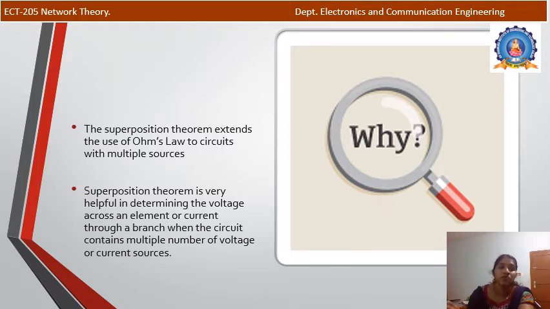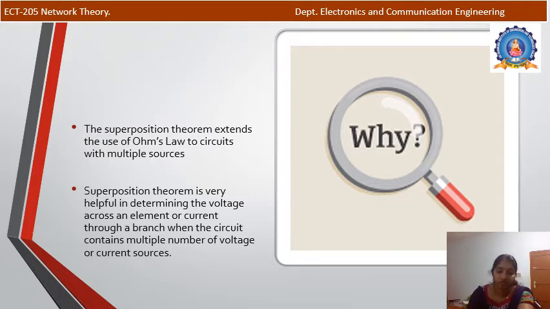Right. The superposition theorem is very helpful in determining the voltage across an element or current through a branch when the circuit contains multiple voltage sources or current sources. So if you see multiple sources in the circuit, we can apply superposition.